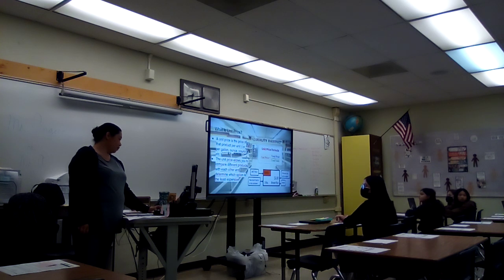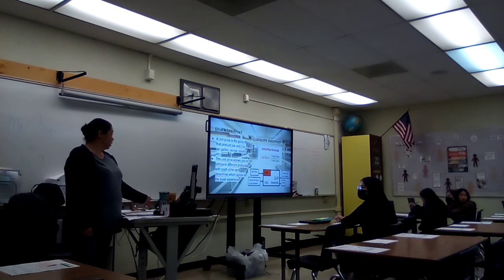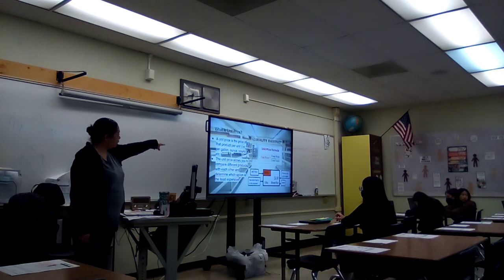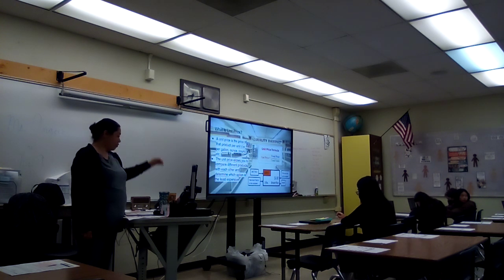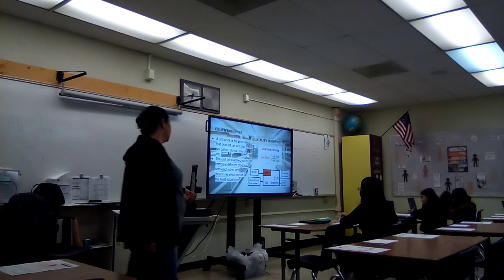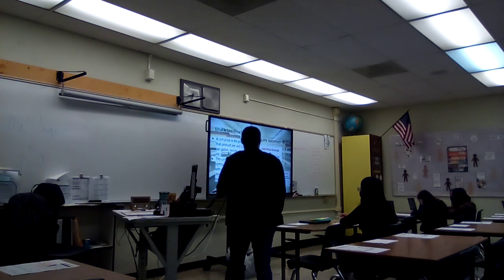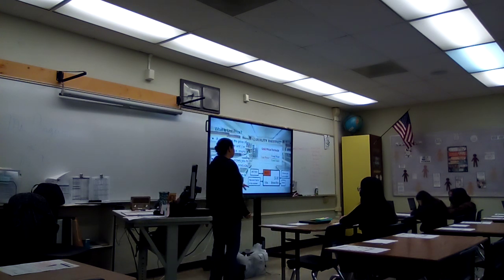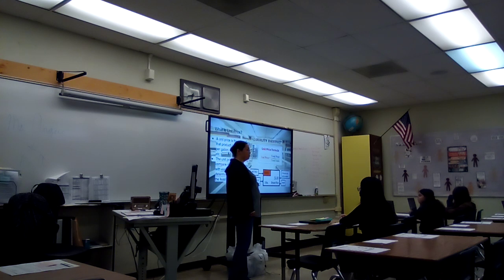So to find the unit price, this is our formula. Unit price equals total price of a product divided by how many units are in there. This is just an example of what a tag might look like when you go to the store. You might want to take a look at it when you go shopping, because some things you'll be like, oh, that's only $3, but you only get 4 things in that pack.